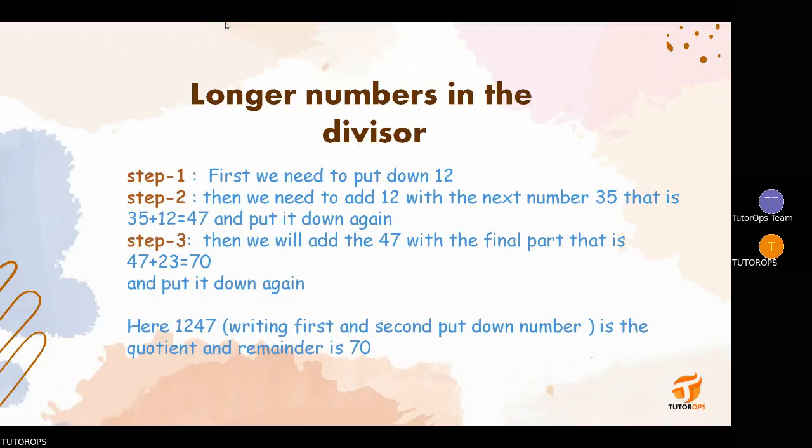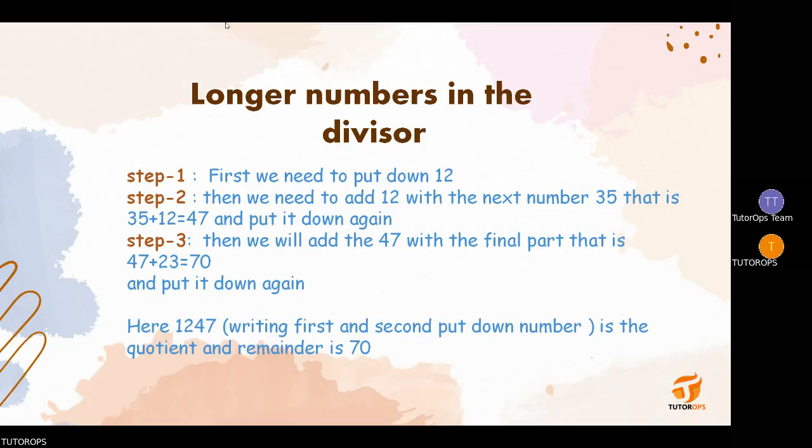Here the remainder is 70, because we know that if we add those digits, we get the remainder. And what will be the quotient? The quotient will be 1247. Now how can we generate the quotient? By just checking the method.